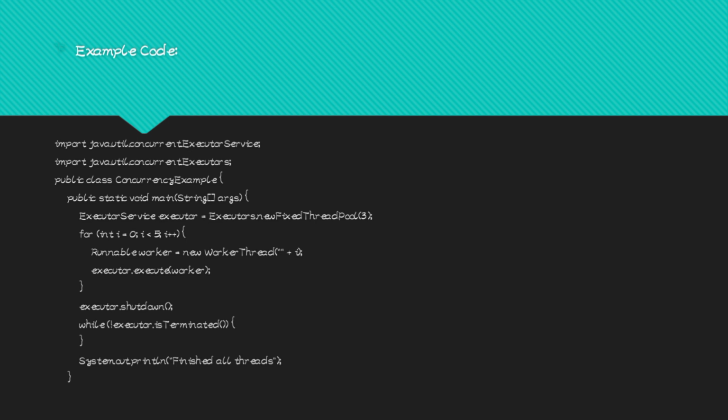So the example code we have, in this we see a block that says java.util.concurrent, and we shall see in the code that we import java.util.concurrent.ExecutorService, and then import java.util.concurrent.Executor.